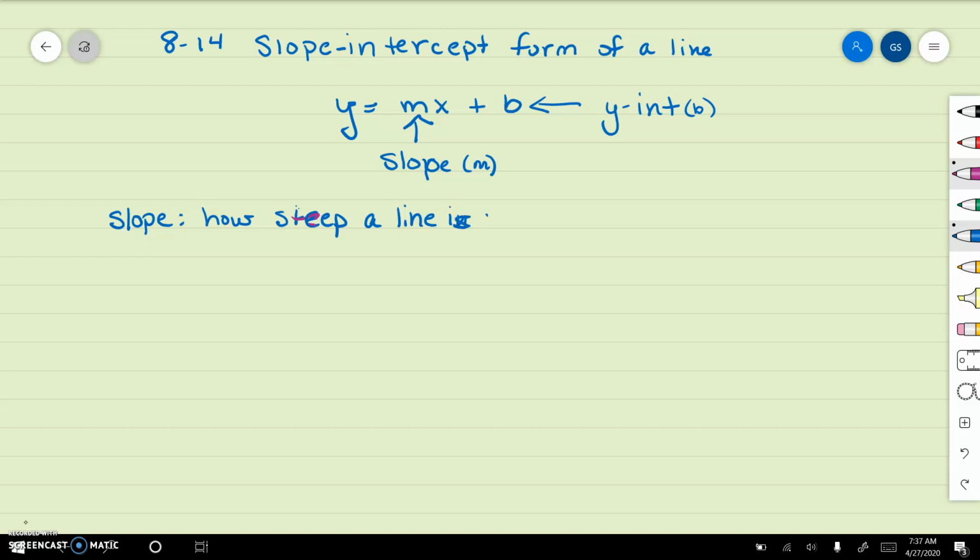And y-intercept is where the line intersects with the y-axis.